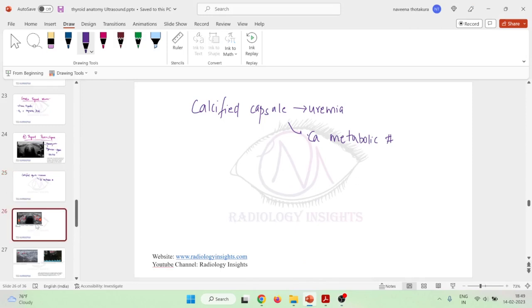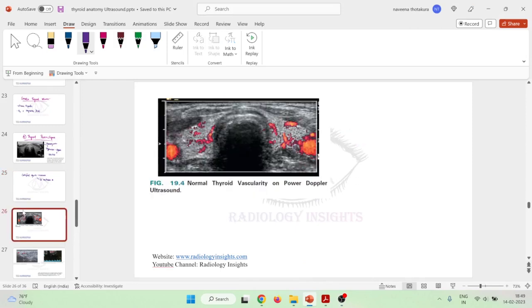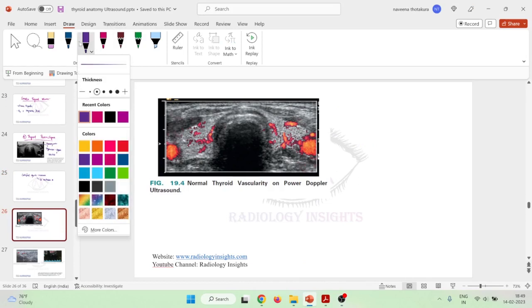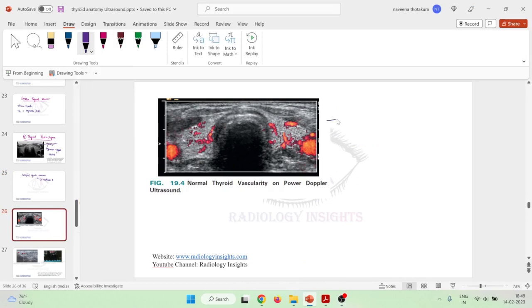Now, if you apply high power Doppler to the thyroid gland, as we have already said, the thyroid gland has rich vascularity by the superior thyroid and inferior thyroid arteries.